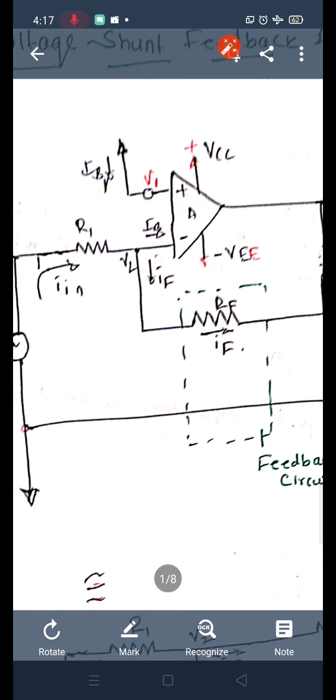The gain AF of the voltage shunt feedback amplifier can be obtained by writing Kirchhoff's current equation at the node V2.